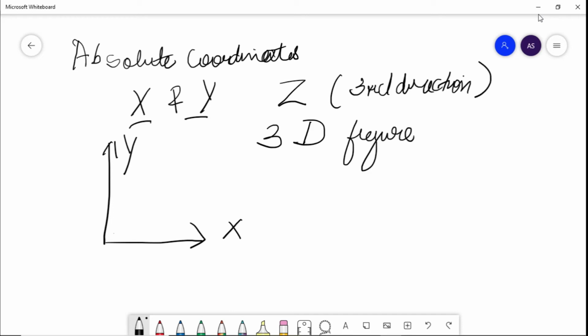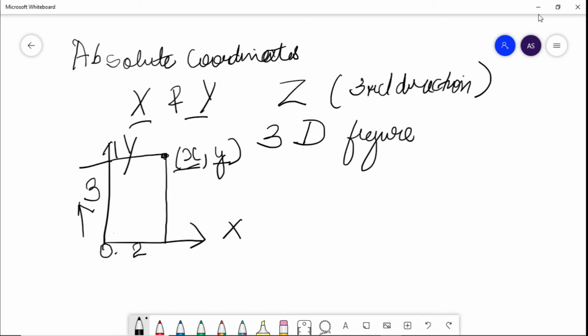It means whenever you have a point in the space, its position will depend upon two distances, x and y. So in the x direction I've taken a distance of 2 units from this 0, and in the y direction I have taken a distance of 3 units in this direction.